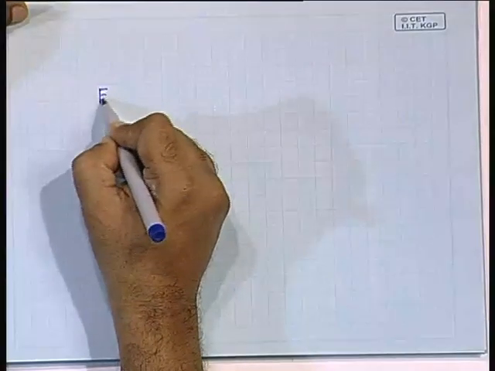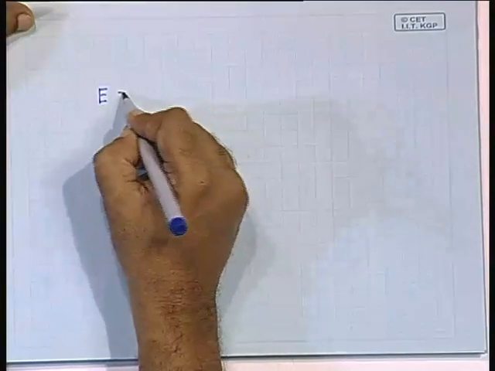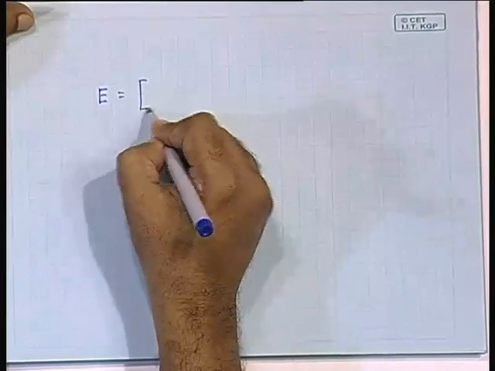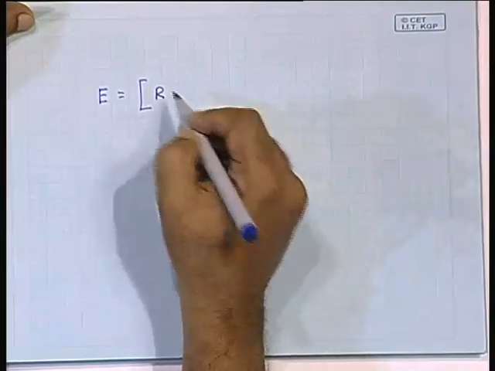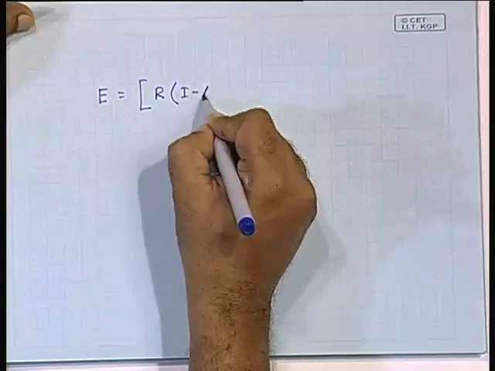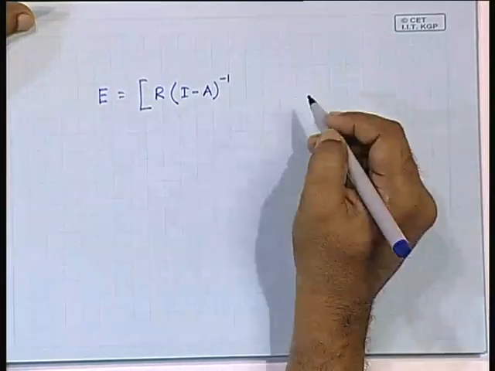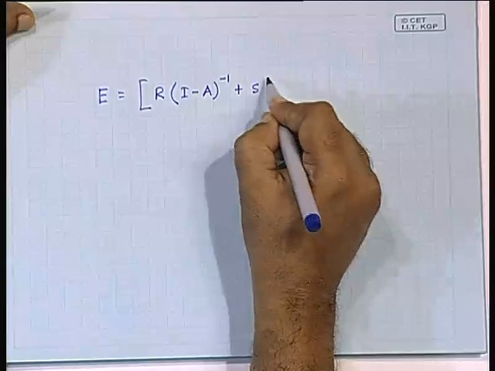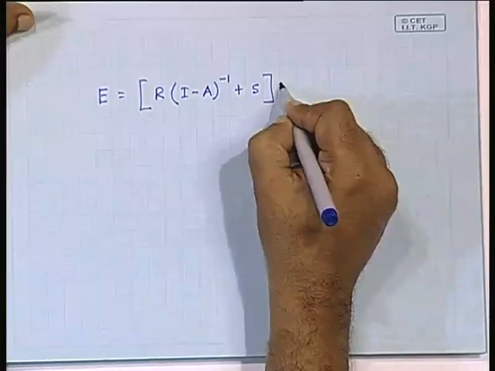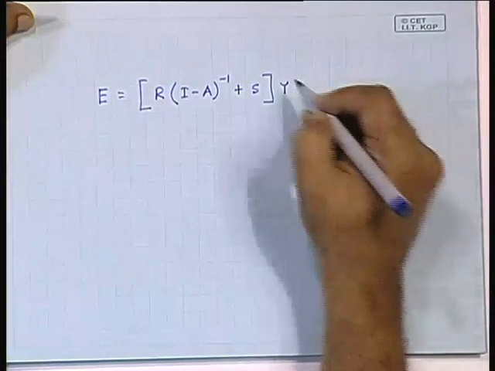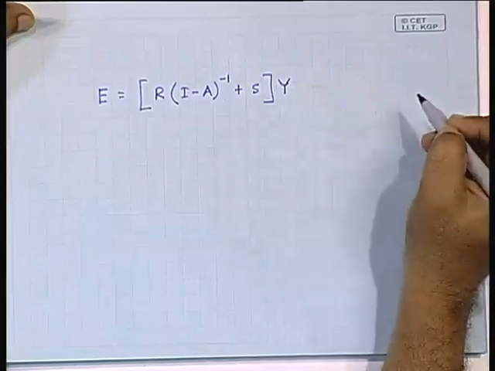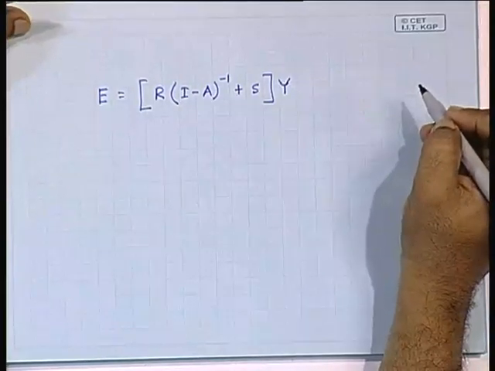Well, once we have done so, we can then write the total energy E is equal to R (I minus A) inverse plus S times y. Okay. We can write it this way.